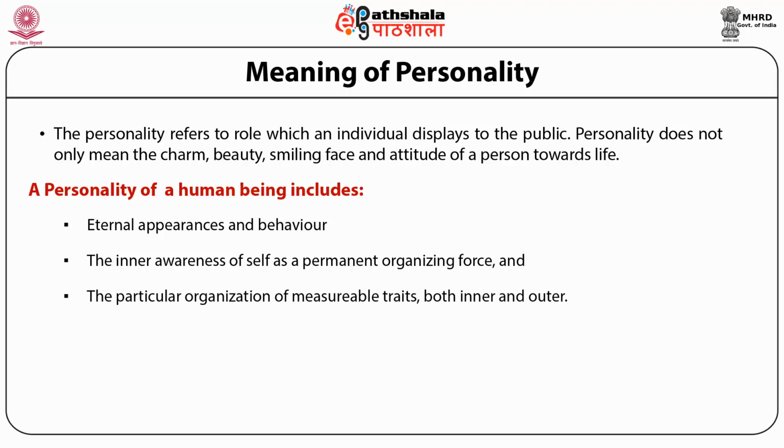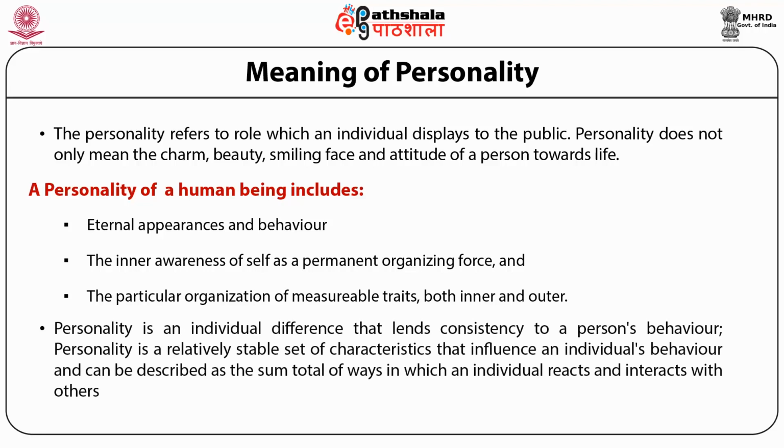Dear students, personality can be understood as an individual difference that lends consistency to a person's behavior. Personality is a relatively stable set of characteristics that influence an individual's behavior and can be described as the sum total of ways in which an individual reacts and interacts with others.